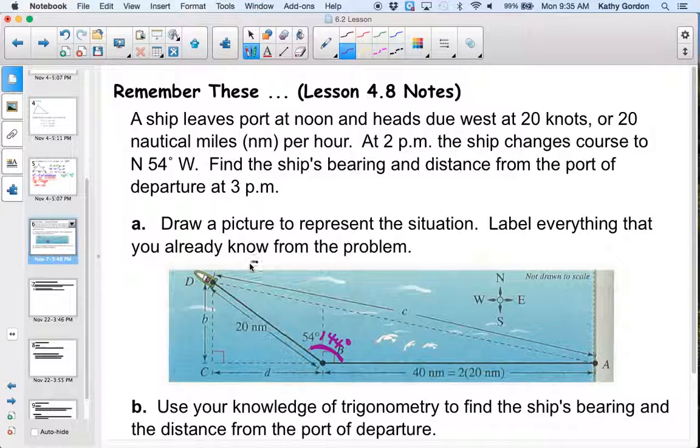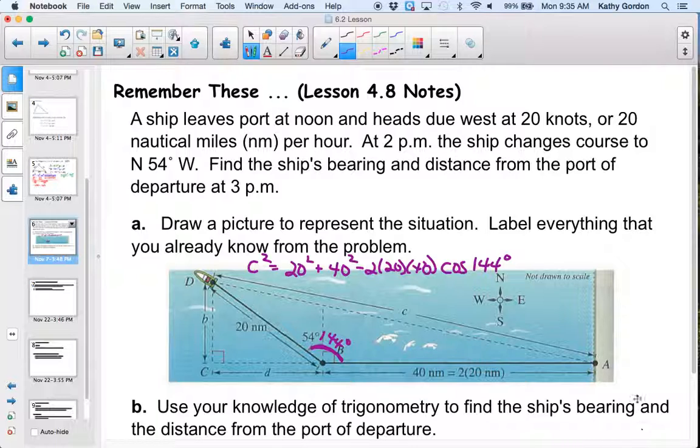So we'd be setting up c squared equals 20 squared plus 40 squared minus 2 times 20 times 40, and then taking the cosine of the 144. Once you get that answer, that's going to be C, so that gives you your distance.